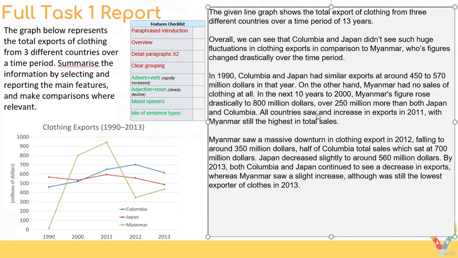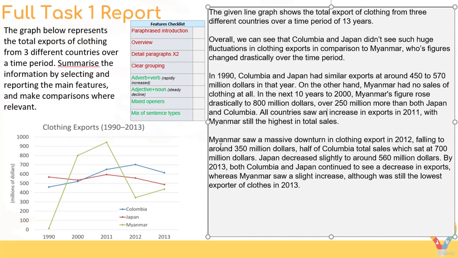All countries saw an increase in exports in 2011, with Myanmar still the highest in total sales. So Myanmar is very high in 2011 for their exports. In fact, the highest on the whole line graph. That's something you could even mention, but I have chosen not to.